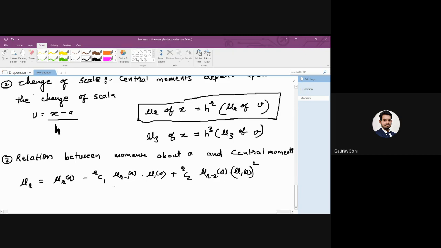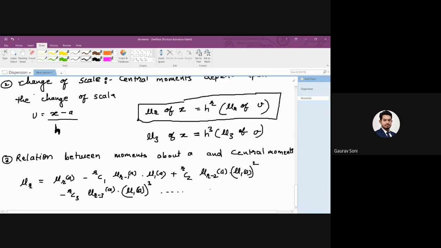Minus rC3 mu r minus 3 of A into mu 1 of A cube. So on.